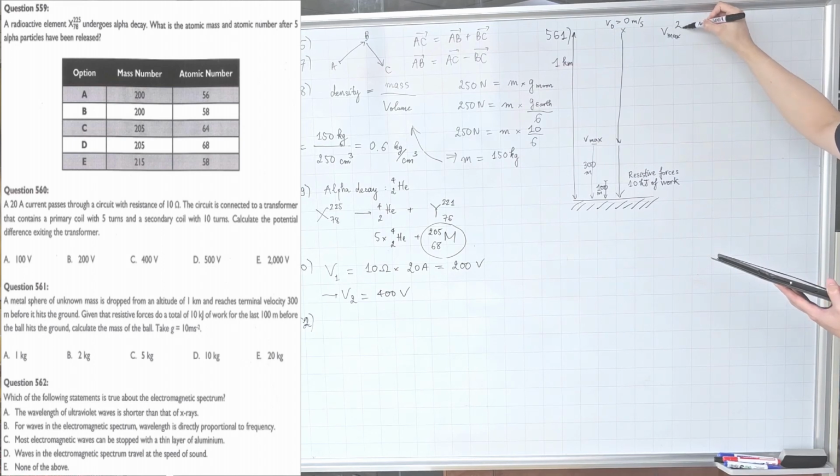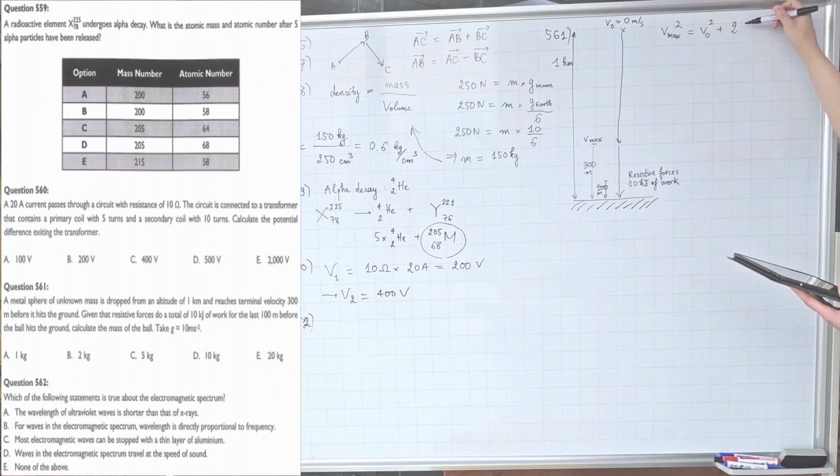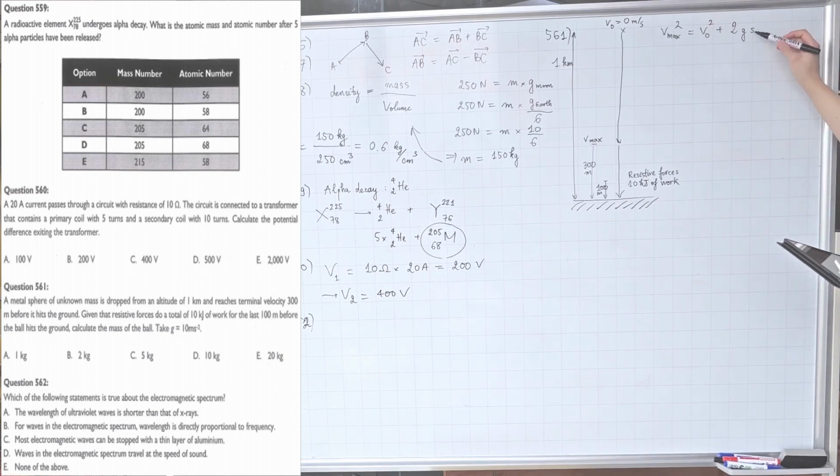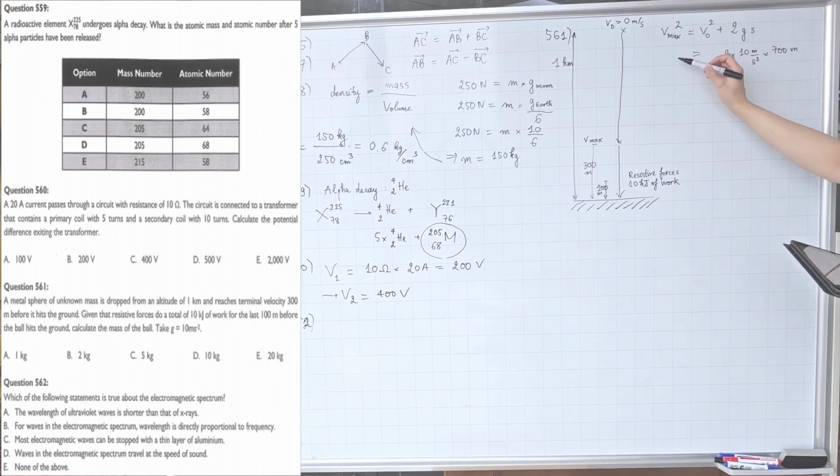Vmax squared equals V0 squared plus 2gS, right? S is the displacement, 700 meters, because 1,000 minus 300 is 700 meters. g is 10 meters per second squared. V0 is 0. So Vmax is going to be the square root of this one, right?